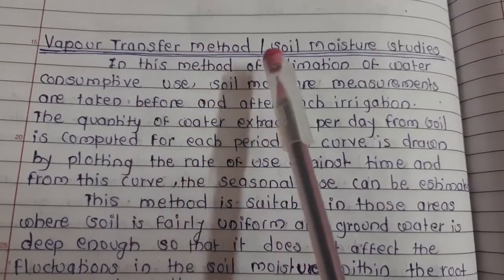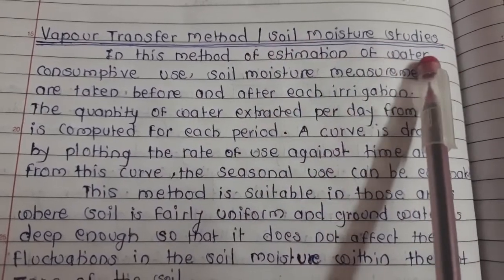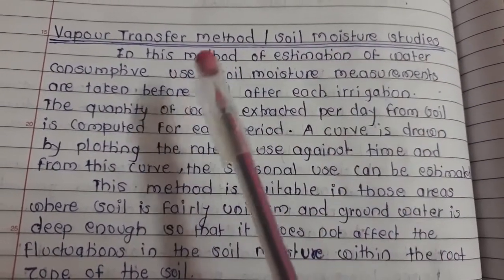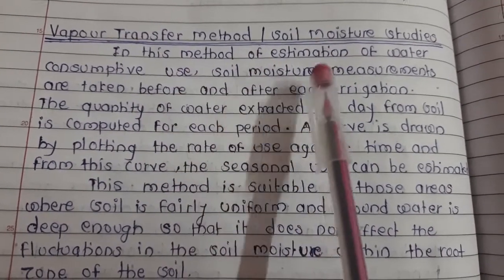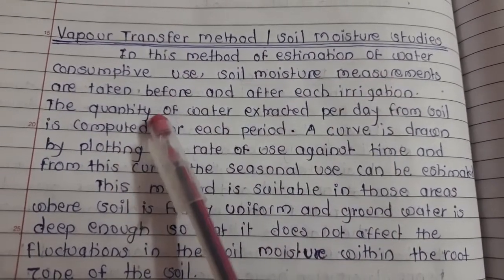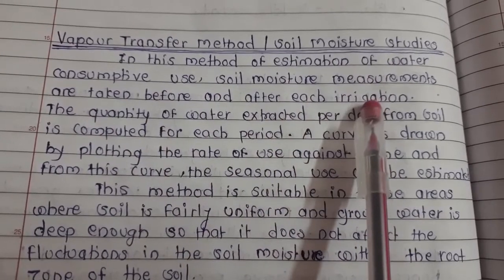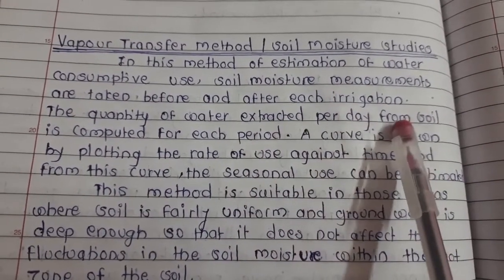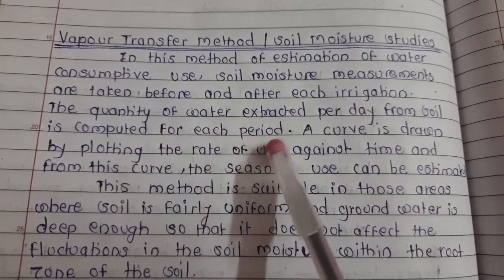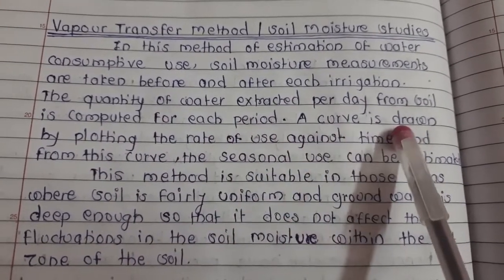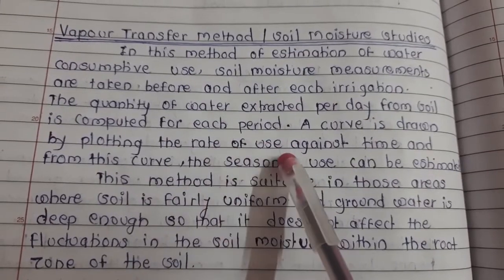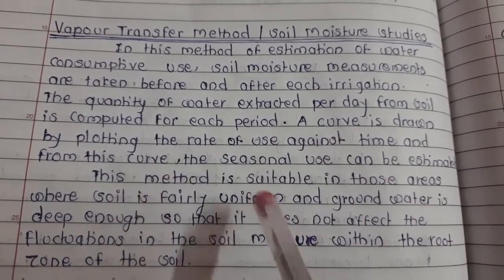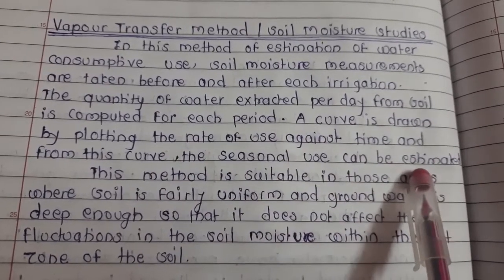Vapor transfer method or soil moisture studies. In this method of estimation of water consumptive use, soil moisture measurements are taken before and after each irrigation. The quantity of water extracted per day from the soil is computed for each period. A curve is drawn by plotting the rate of use against time, and from this curve the seasonal use can be estimated.